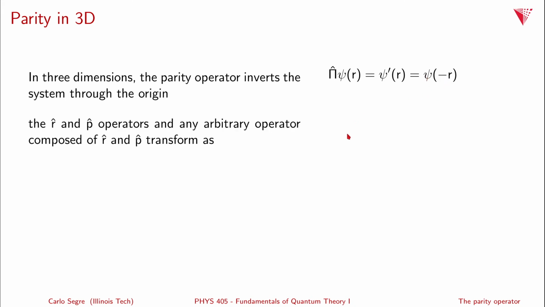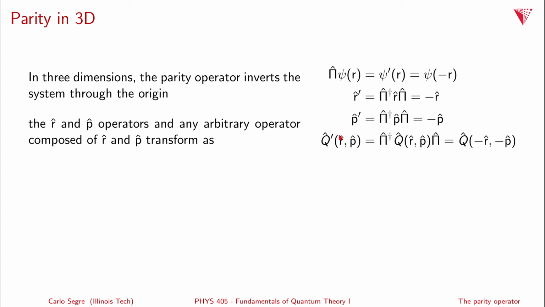So the r and p operators, and any arbitrary operator composed of r and p, must transform just like the r and p operators do here. That is, r prime, which is transformed by pi dagger r pi, is equal to minus r, and p prime in 3 dimensions, pi dagger p pi, is equal to minus p.